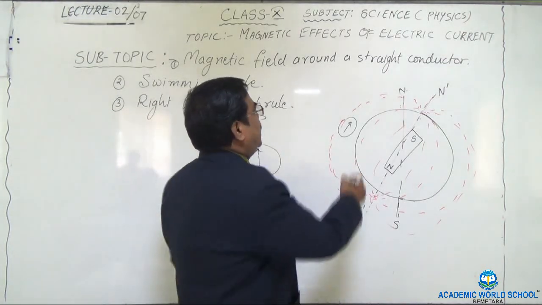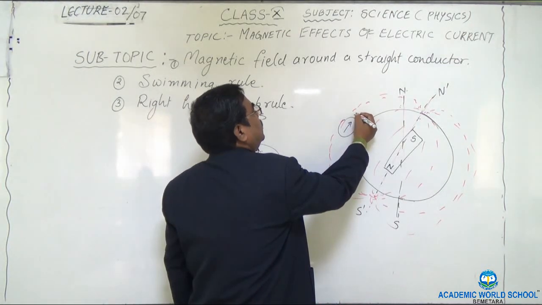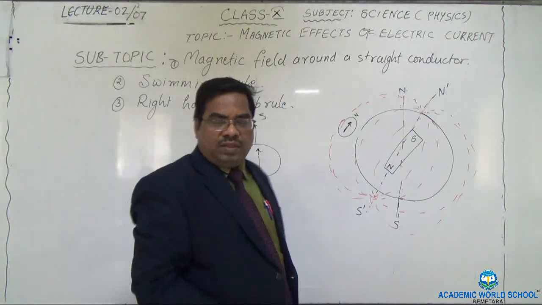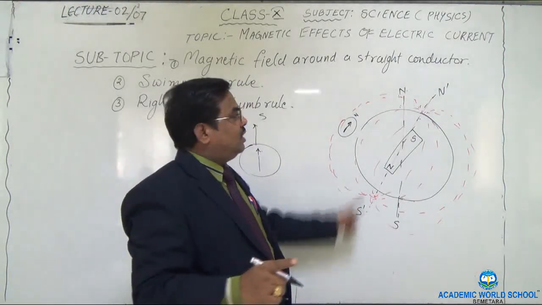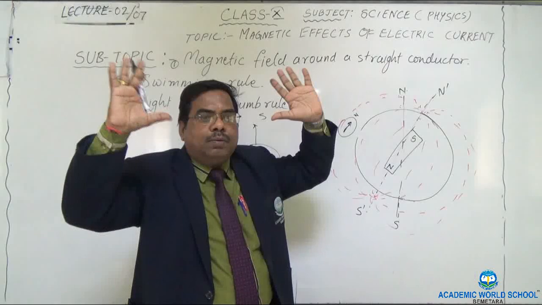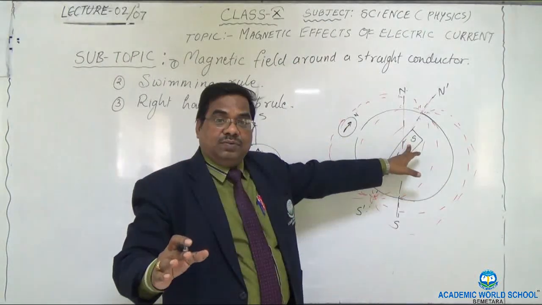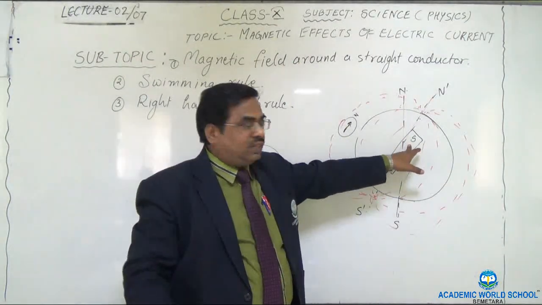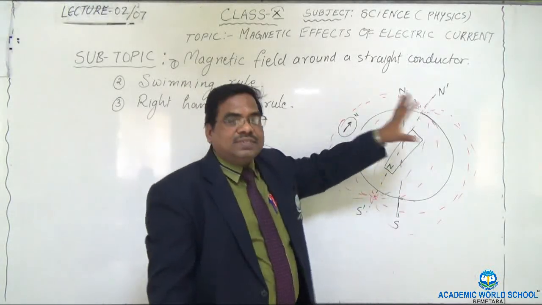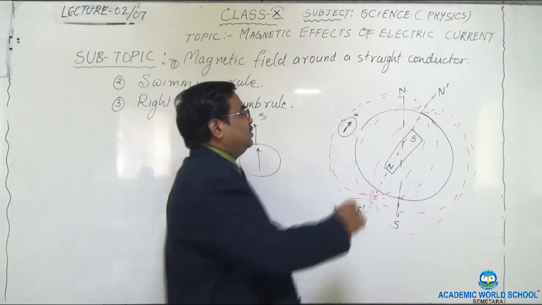Okay, let us say you keep here and the pointer is showing north. That means in the north direction there is some huge south pole. So that comes to conclusion that the earth is a huge bar magnet.